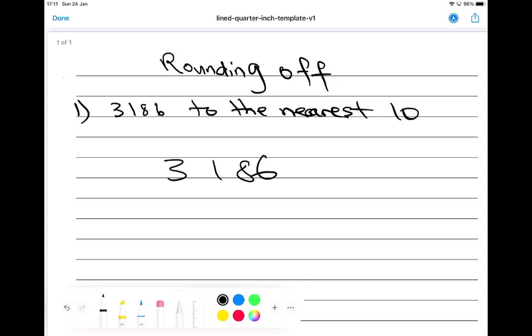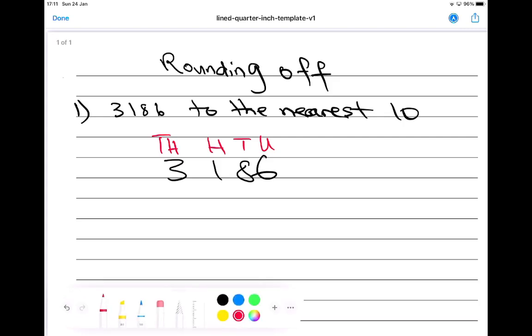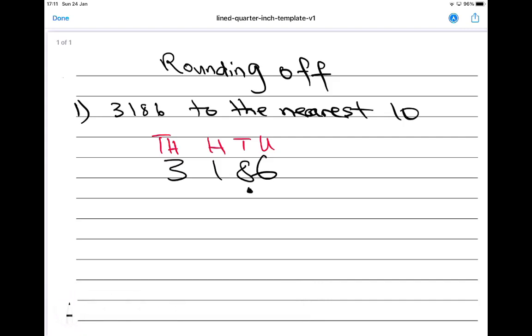You will remember that these here are units, these here are tens, these are hundreds, and these are thousands. And now you are rounding off to the nearest 10. And what you do is you go to your tens digit, which is 8 in this case.